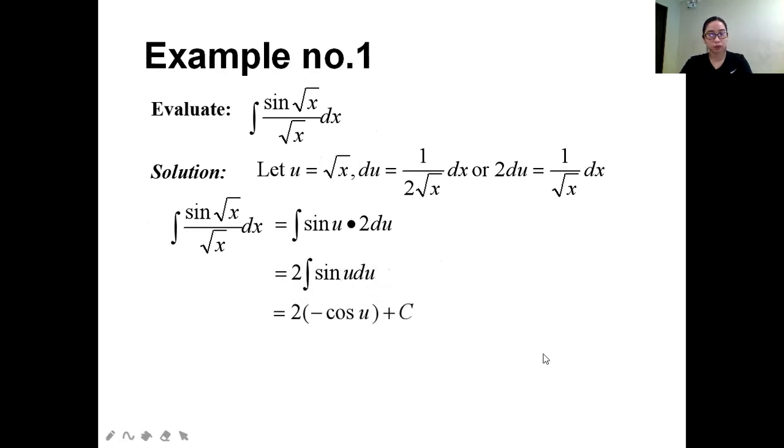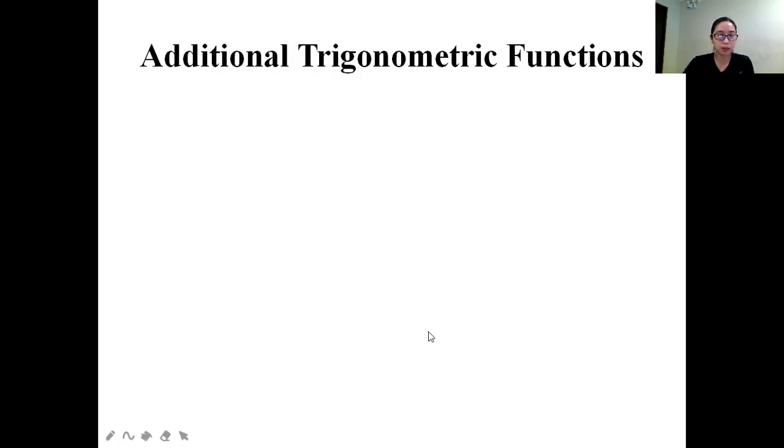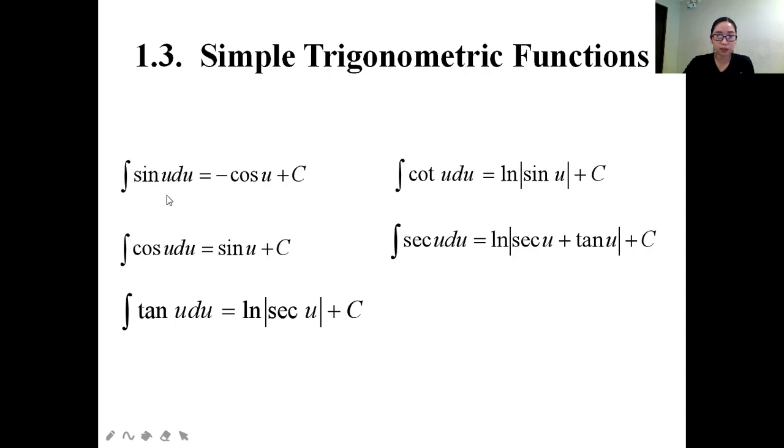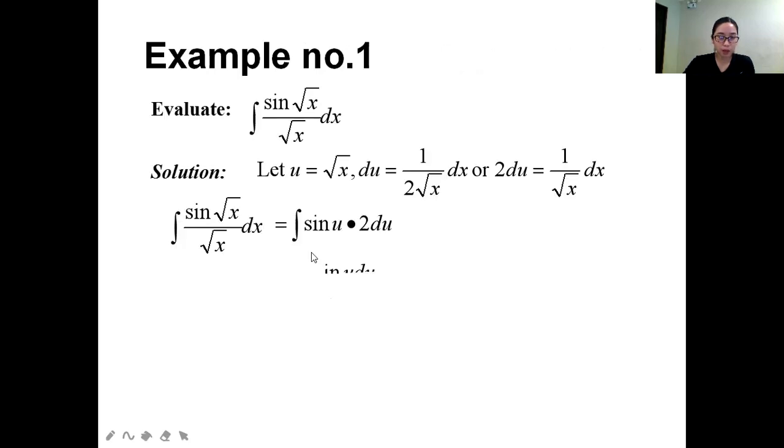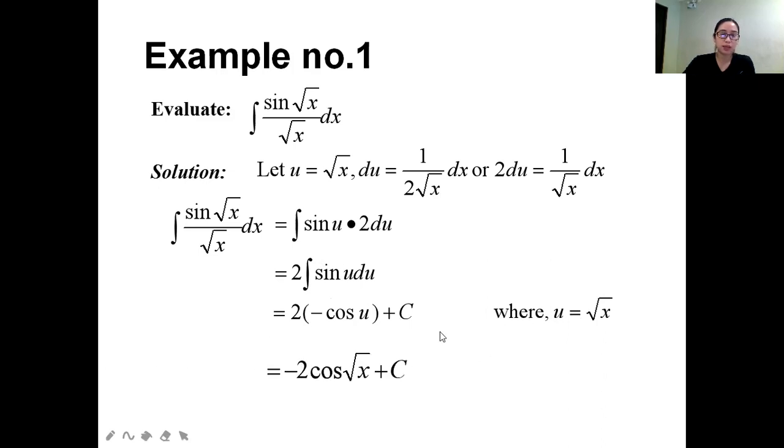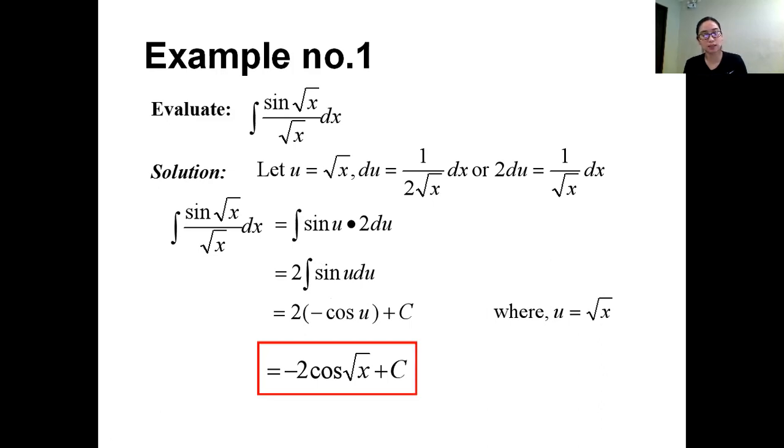So, 2 times negative cosine u plus c. Going back to the table, this is what we used: 2 times negative cosine u plus c, where u is equal to square root of x. So we substitute it back to attain our final answer, which is negative 2 cosine square root of x plus c.